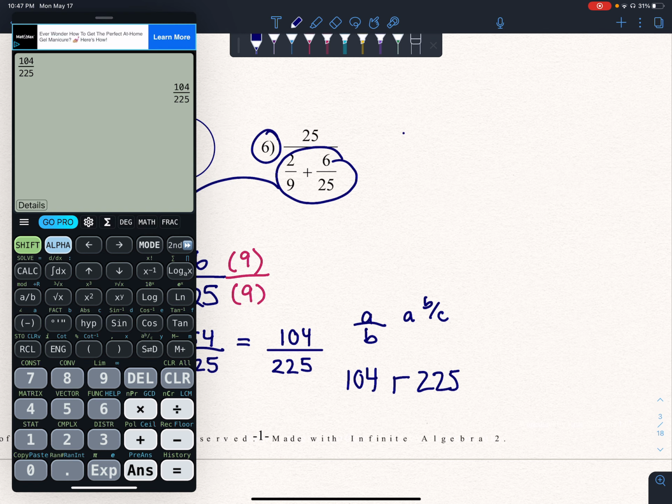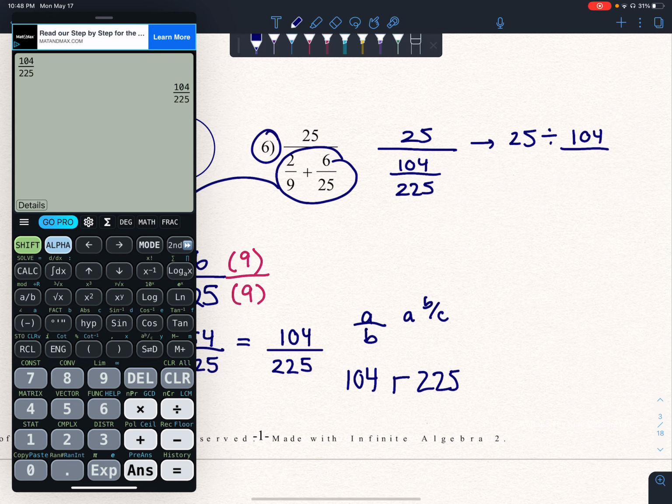So now we have 25 over 104 over 225. So this is something that we can rewrite. So this can get translated as 25 divided by 104 over 225.